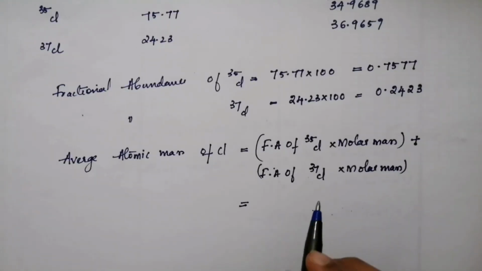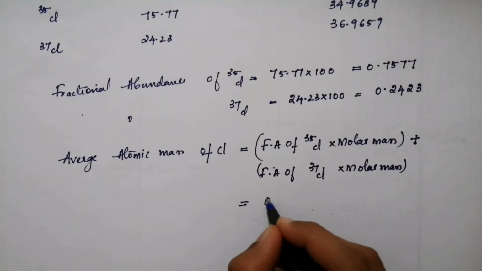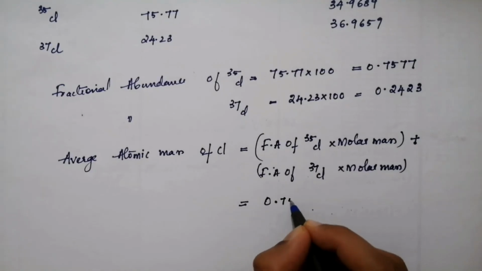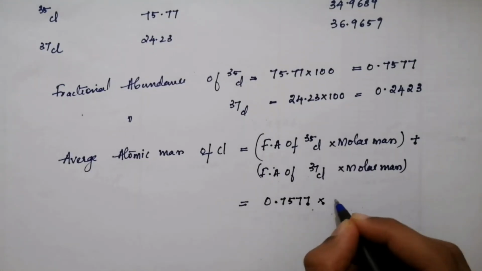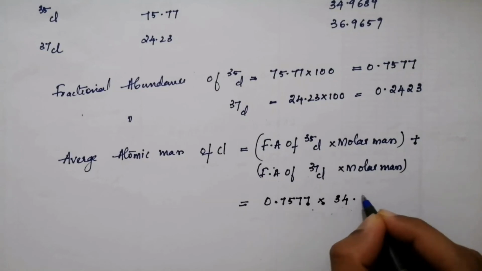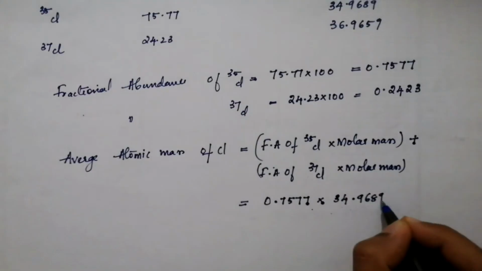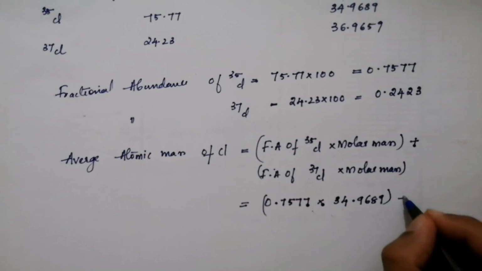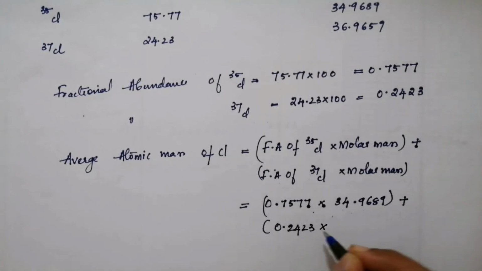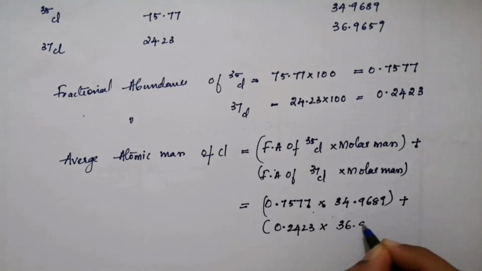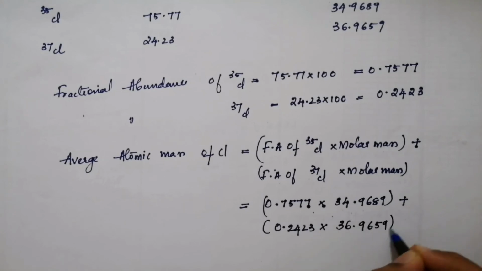Fractional abundance of chlorine-35, which we have calculated to be 0.7577, multiplied with the molar mass, that is 34.9689, and let us add this with the fractional abundance of chlorine-37, which is 0.2423, multiplied with its molar mass, that is 36.9659.